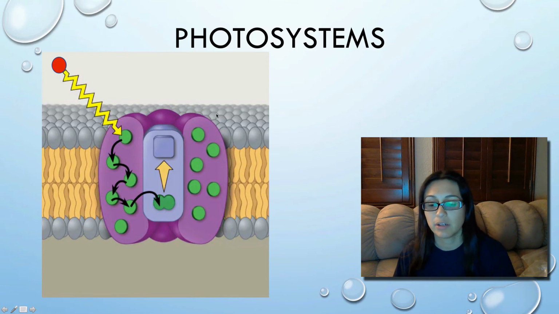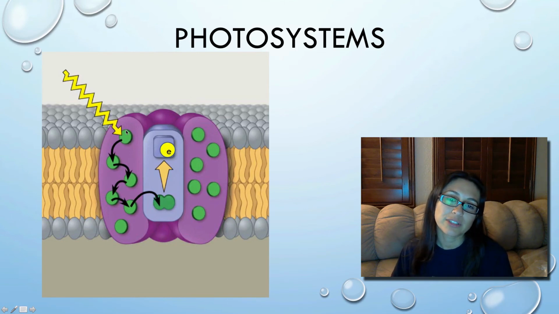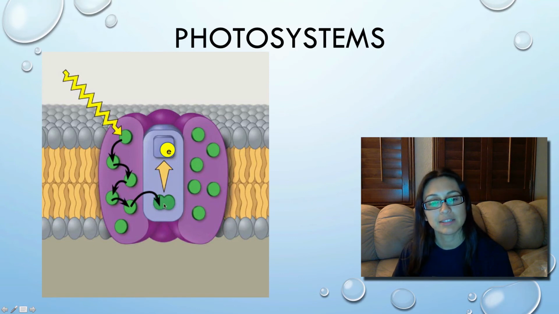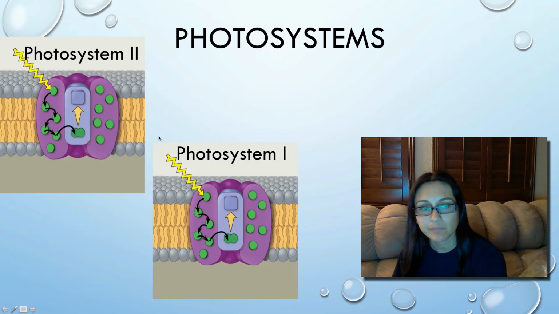I'm going to go ahead and play the animation for you. Here's our photon, and we're going to see what happens when it hits our pigment. And there you go. The photon excites the electrons in the first pigment that it hits and passes it along till it gets there.